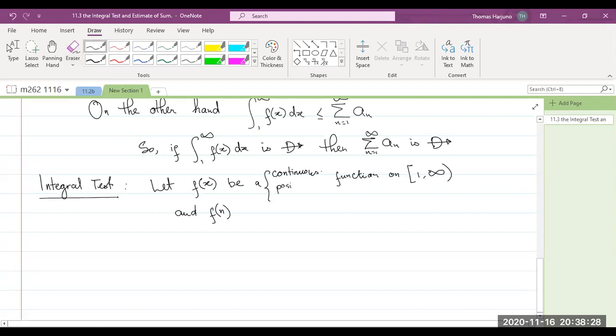Positive, decreasing, and f(n) equals the nth term.